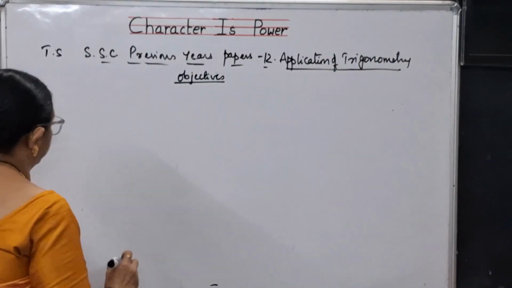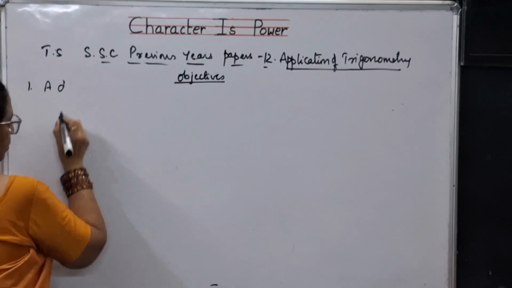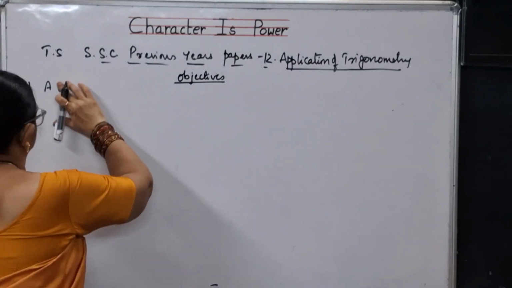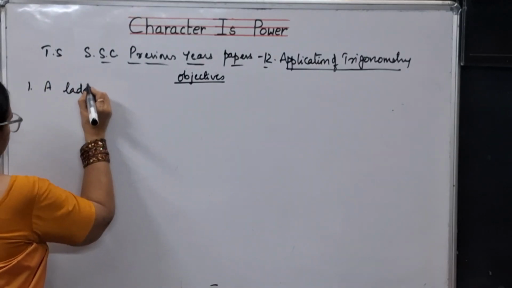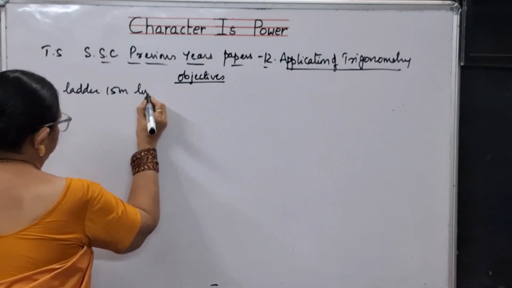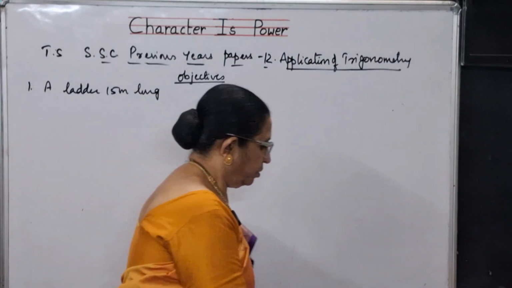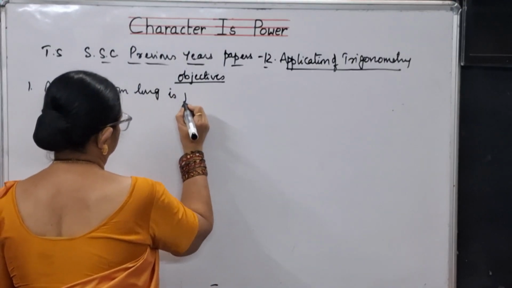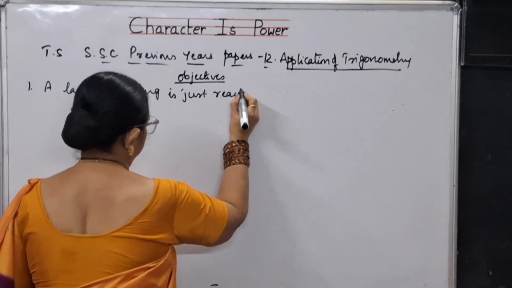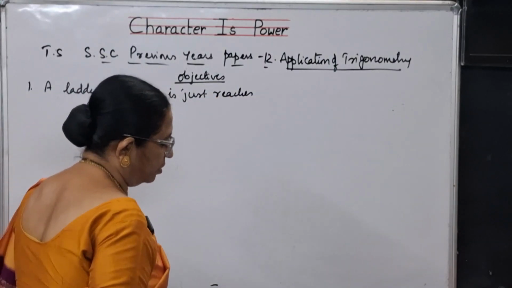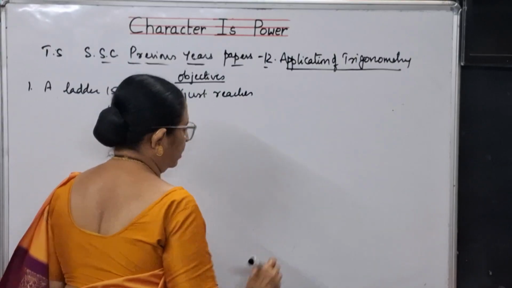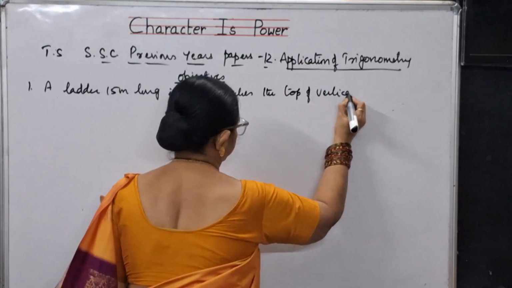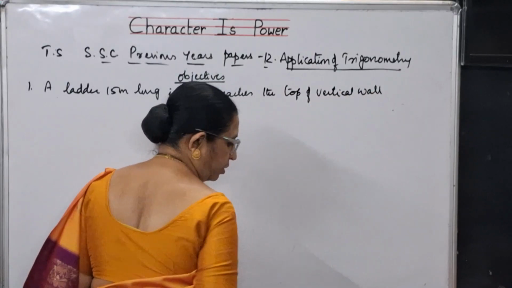A ladder 15 meters long just reaches the top of a vertical wall.